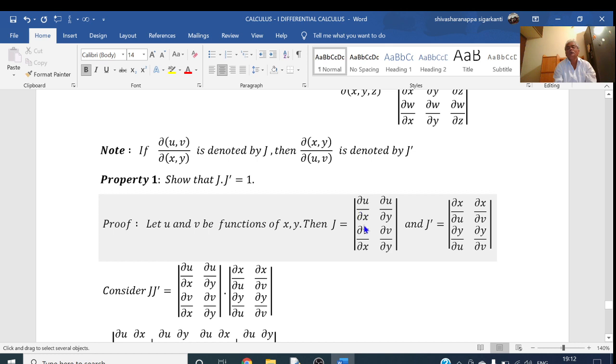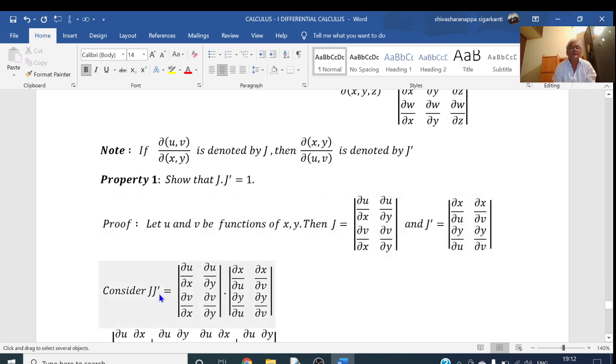That is ∂u/∂x, ∂u/∂y, second row ∂v/∂x, ∂v/∂y. And if I express x and y in terms of u and v, then J dash is given by first row partial derivatives of x with respect to u and v, second row partial derivatives of y with respect to u and v. That is ∂x/∂u, ∂x/∂v, ∂y/∂u, ∂y/∂v. Okay, these are J and J dash.